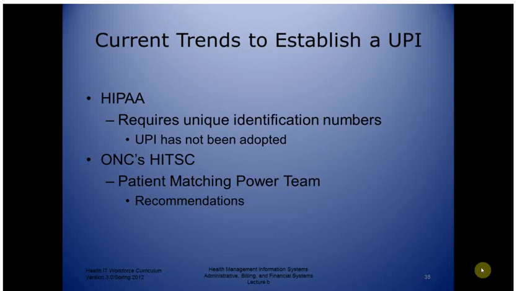The potential matching attributes were examined by this patient matching power team, and they concluded that having a common base set of attributes is important if they're going to achieve an acceptable level of sensitivity and specificity. So again, we talked about your name and date of birth, trying to come up with a base. What are all these qualifiers and how are they going to smush them together to come up with a UPI? They're still working on it. Haven't done it yet.